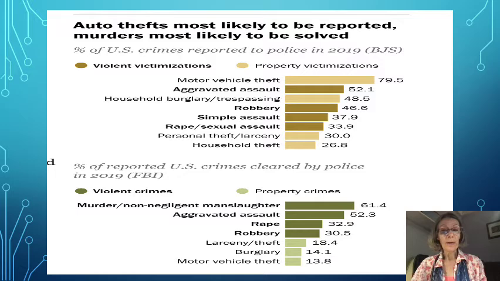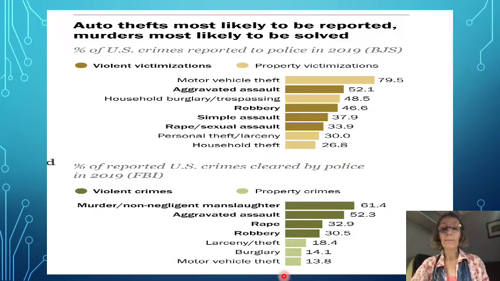Right now, we're talking about the Uniform Crime Report, which is based on FBI statistics. The top portion of this graph comes from a combination of the Bureau of Justice Statistics, the National Crime Victimization Survey, and the UCR.